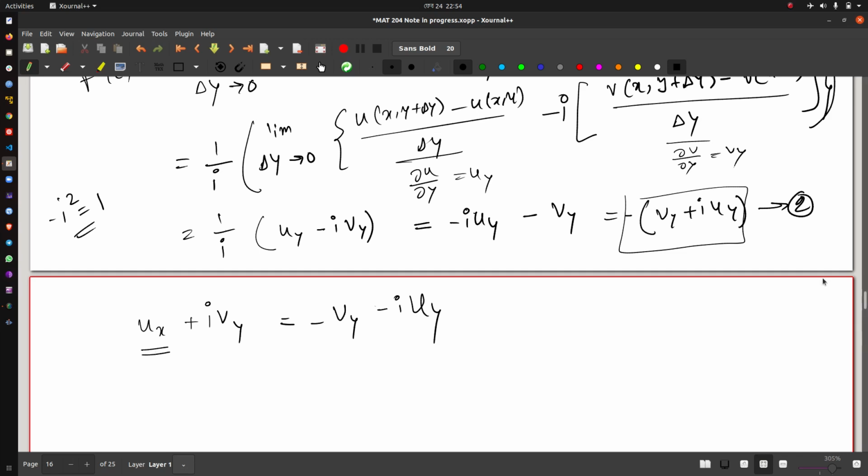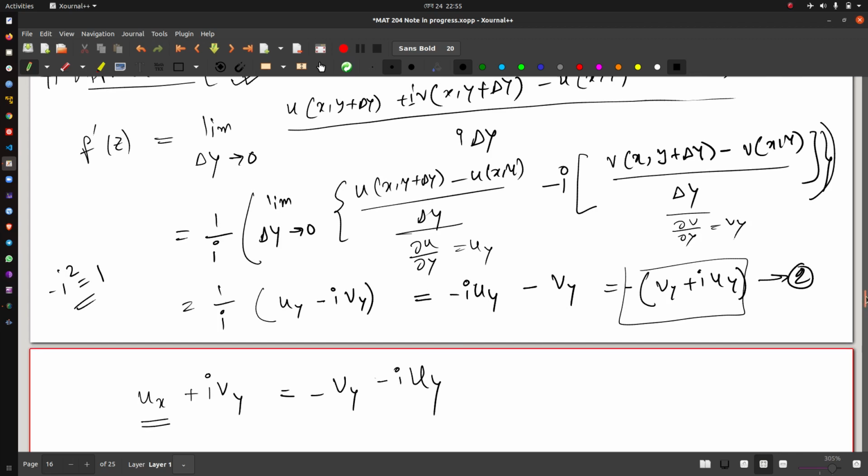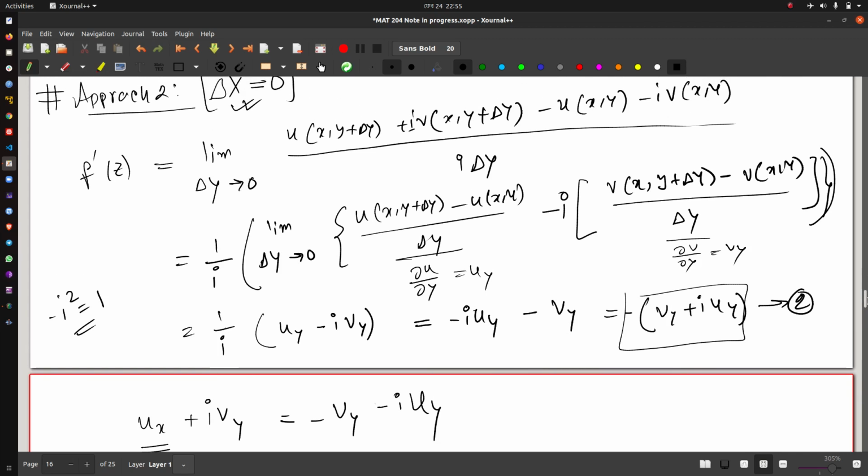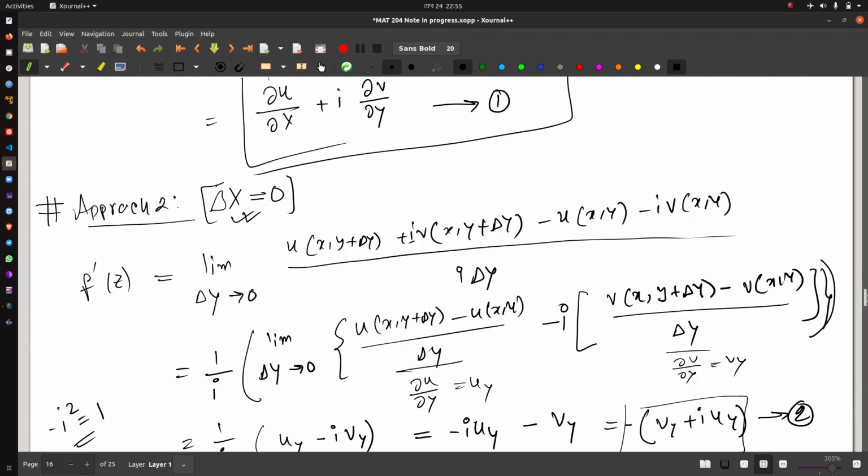Okay, I think there is a sign mistake by me. Yeah, I think I made a mistake over here. That is a mistake in sign. So let's try to recheck our calculation. As you can see, all these signs over here are correct.